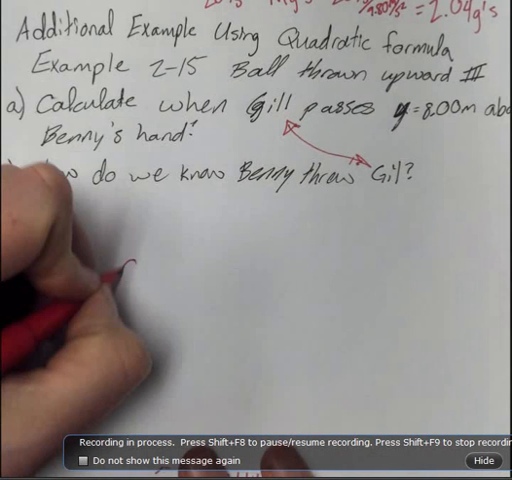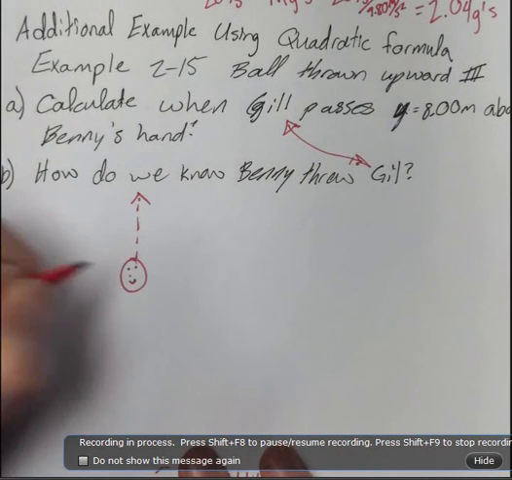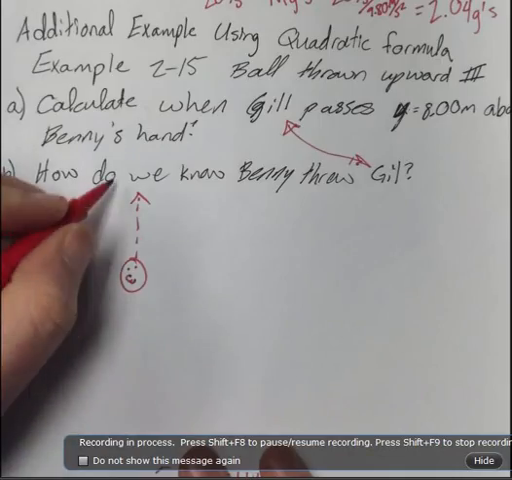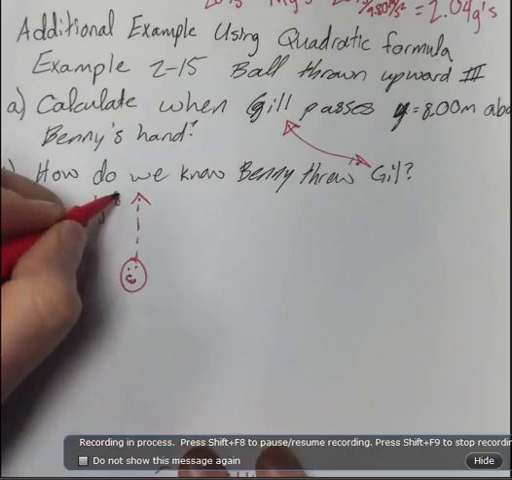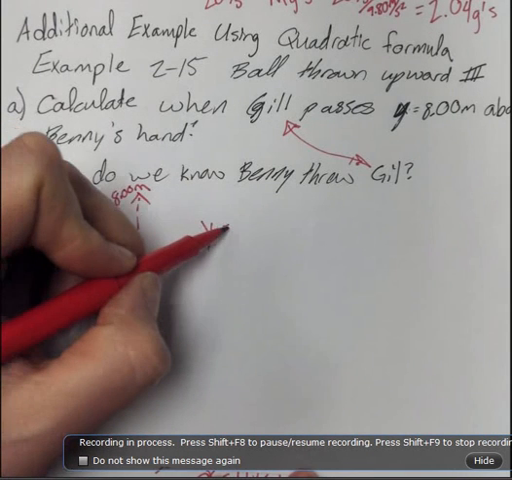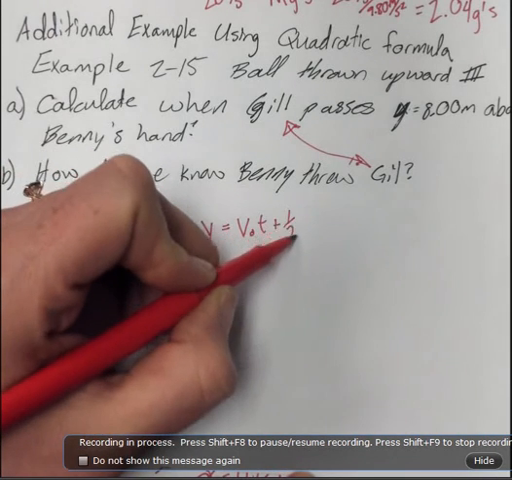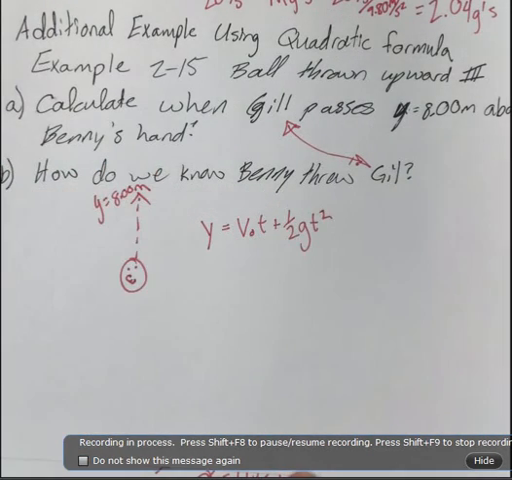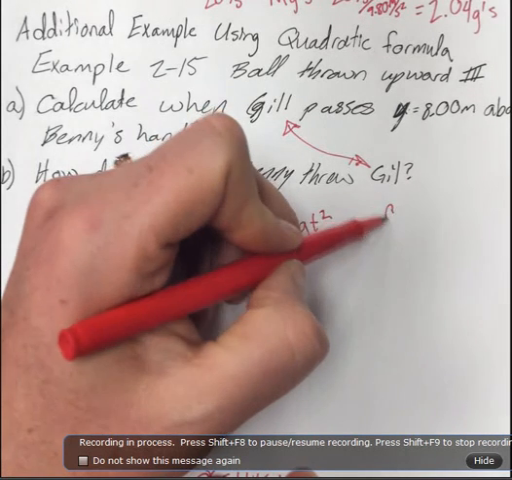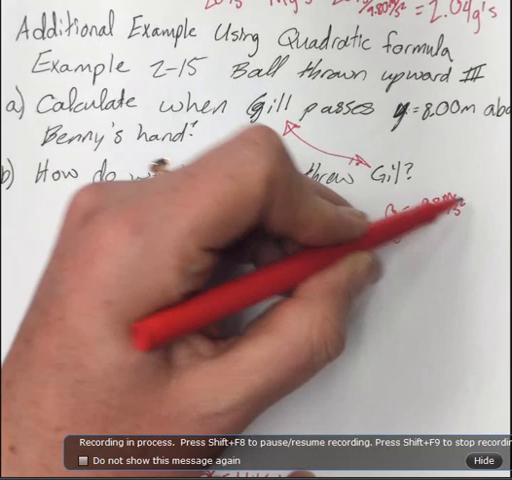First things first. We know that Gil moved upward until he made it to 8.00 meters above his 0 point. So we can use the equation y equals v naught t plus 1/2 gt squared, because we know that acceleration was due to gravity, negative 9.0 meters per second squared.